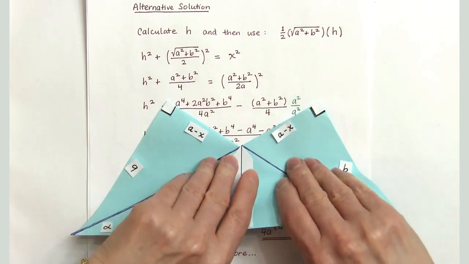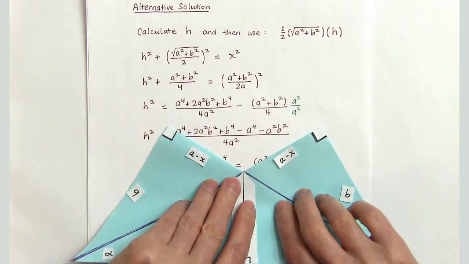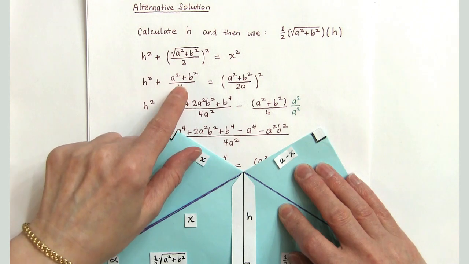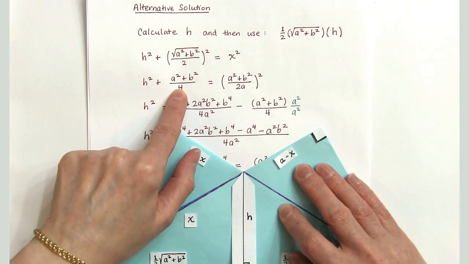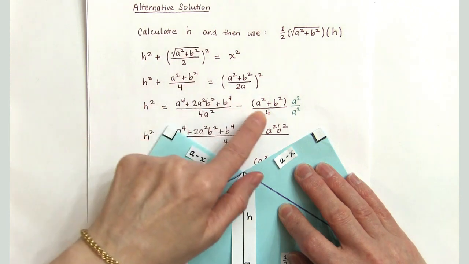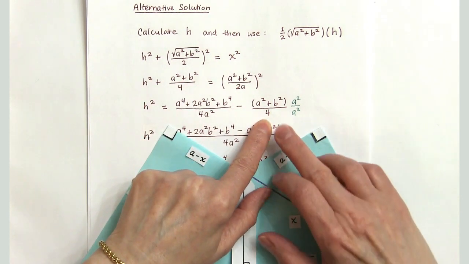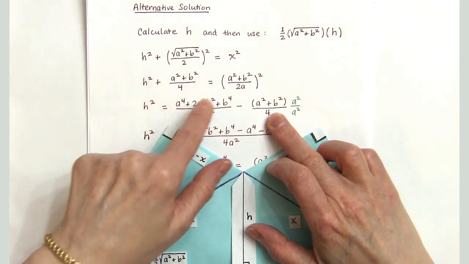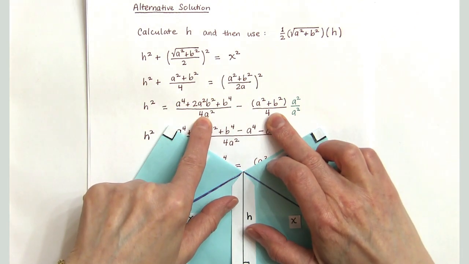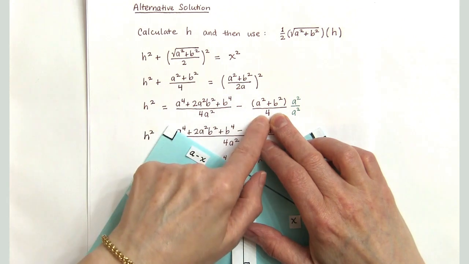And then, continuing down, just a little more algebra. So I've moved this quantity over to the right. So if I subtract a squared plus b squared over 4 from both sides, then I can solve for h squared, and it's this quantity, which I squared out here, minus this quantity, which was brought over to the right here.